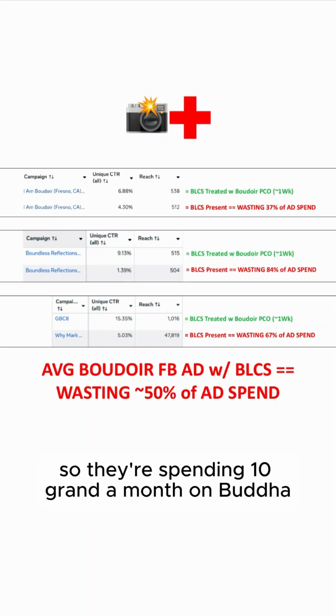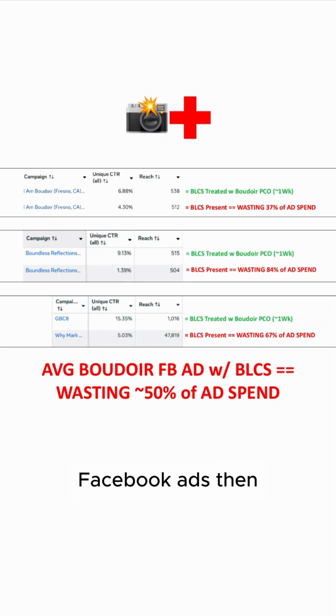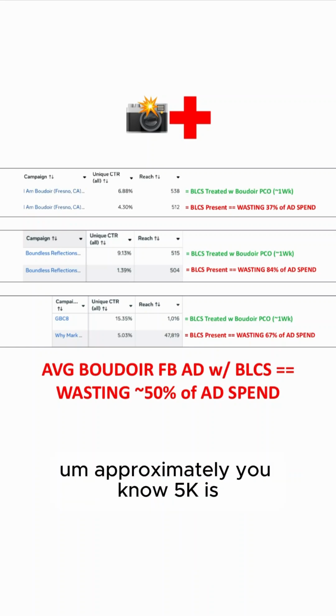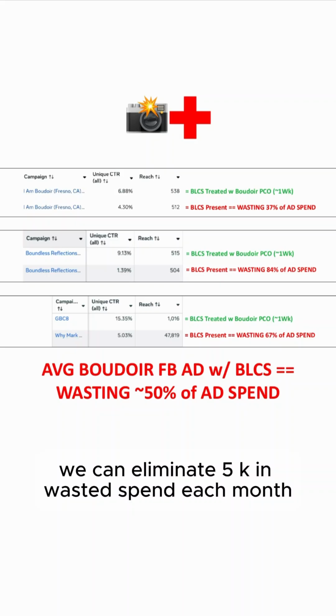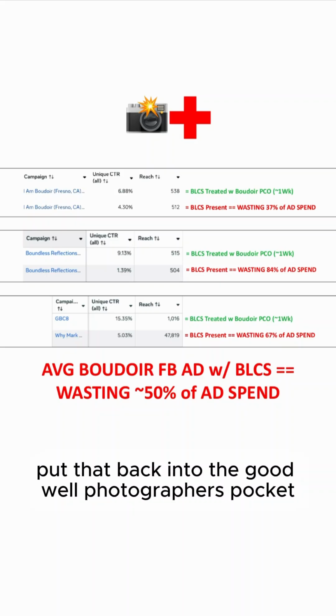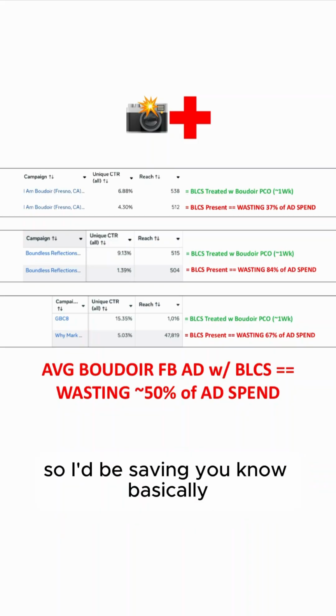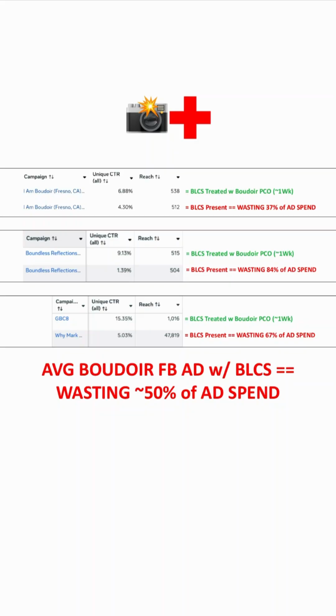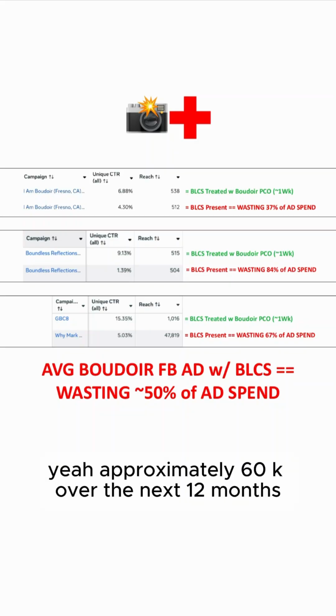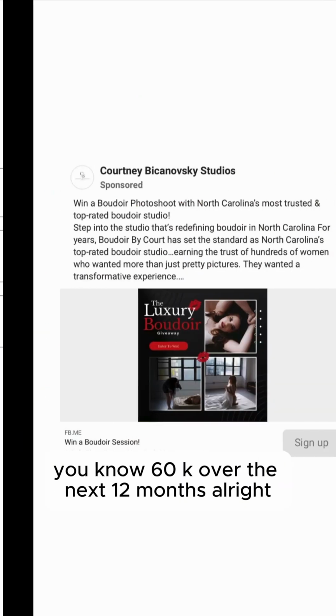So they're spending 10 grand a month on Boudoir Facebook ads. Then approximately 5K, we can eliminate in wasted spend each month, put that back into the boudoir photographer's pocket. So that'd be saving approximately 60K over the next 12 months.